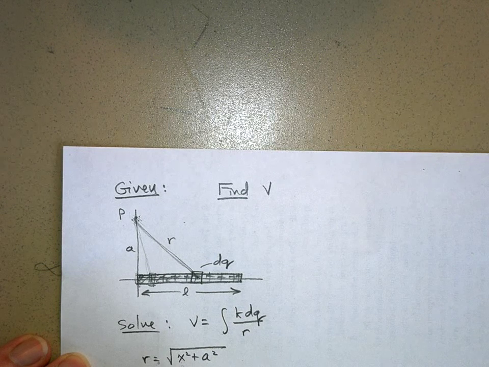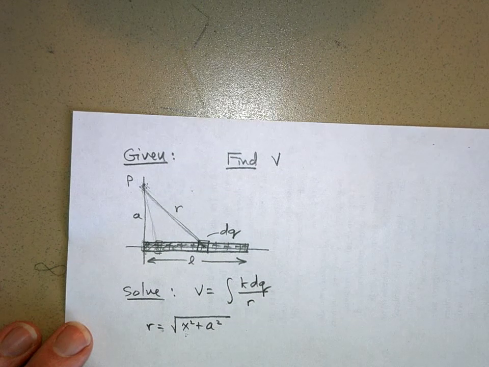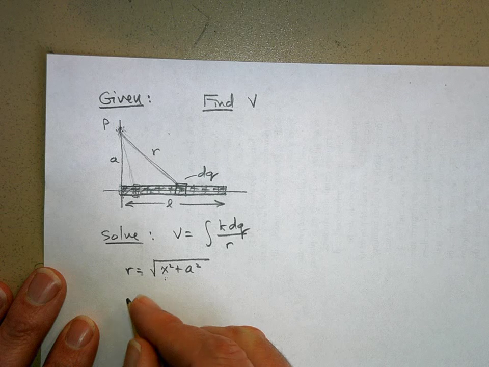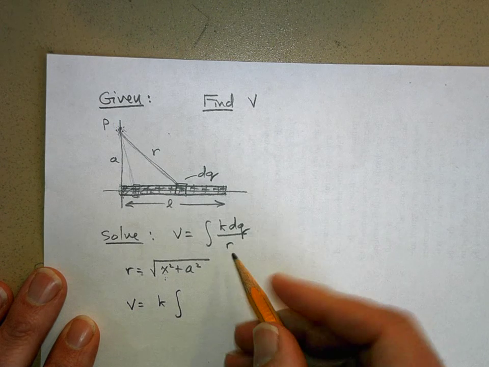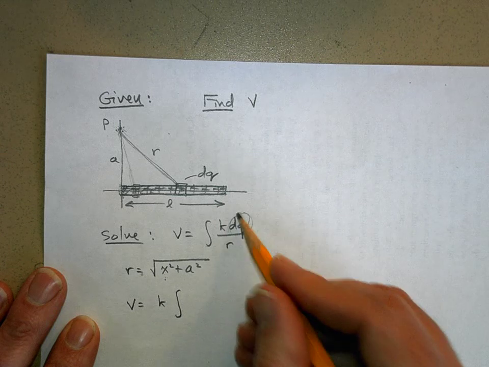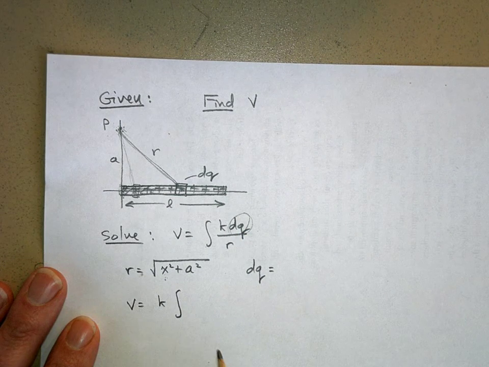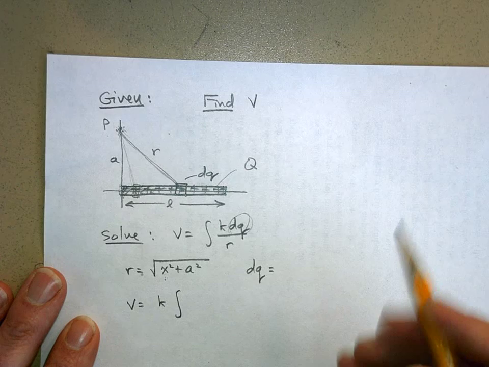So let's work it now. V is equal to k. Oh, and let's work on dq here. dq is equal to lambda dx. Let's say that the total charge on here is Q. Well, what is lambda?